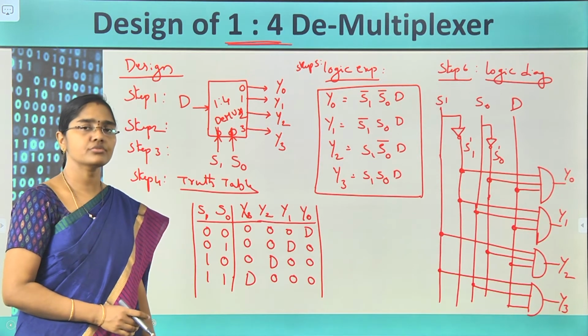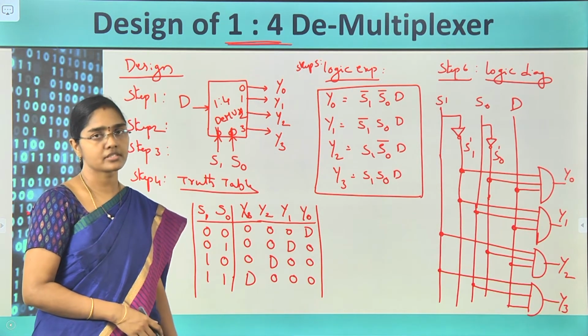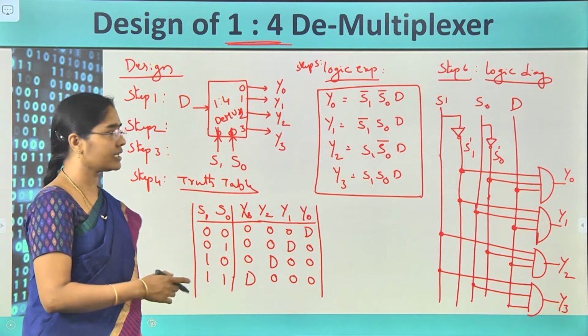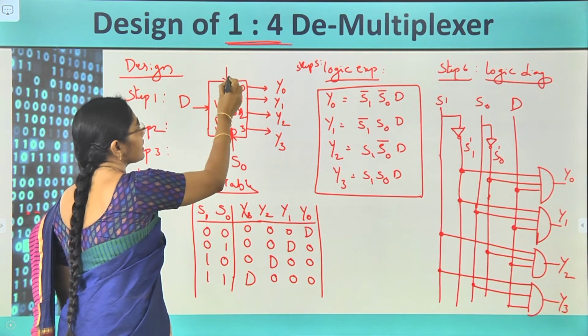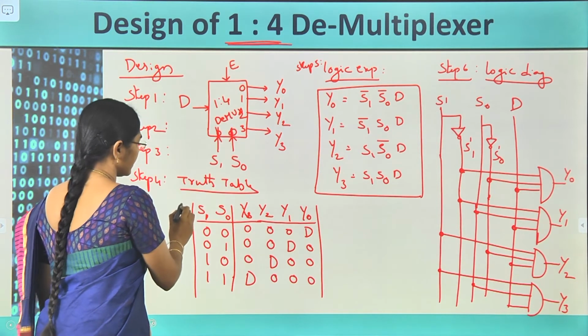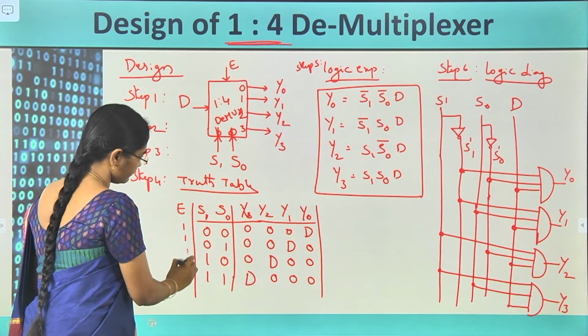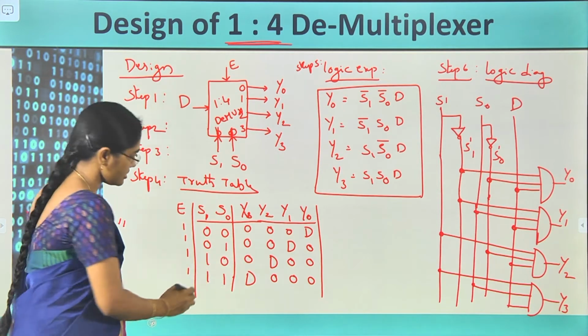If we want to add an enable signal to this, we can add an extra enable signal E, and when enable is equal to 1, these are the connections.